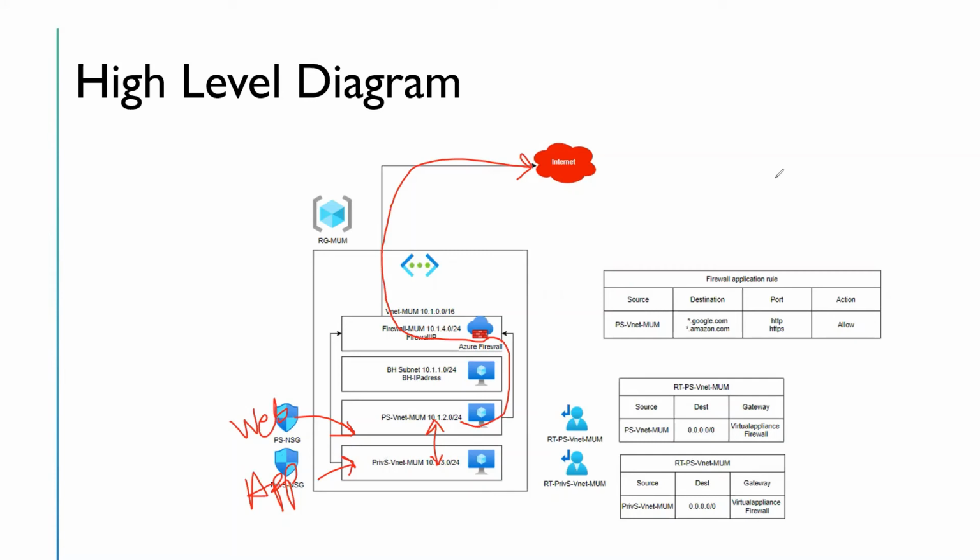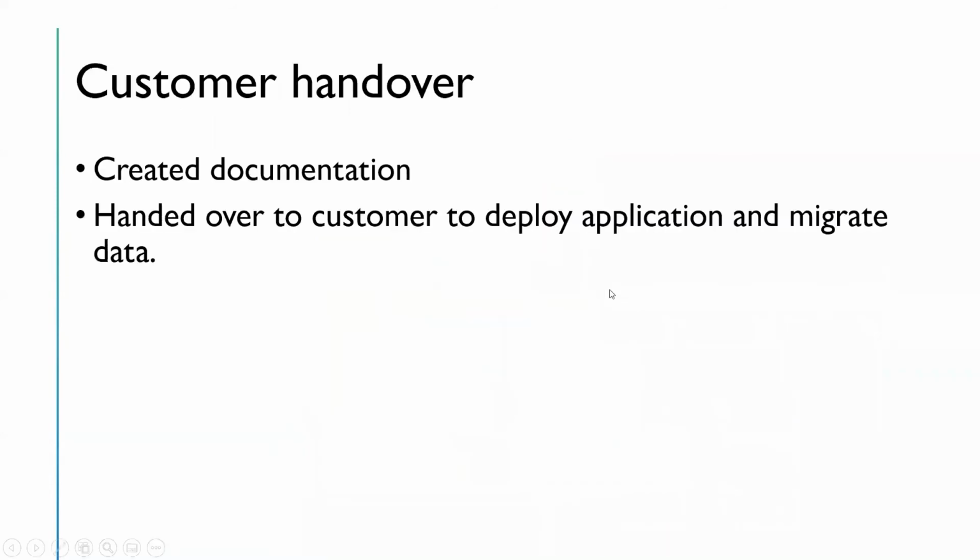So let's move forward with the next set of activities. Then we can hand over this infrastructure. Our next step is we have created the high level diagram and the documentation, including how to access the login details, and now the customer can download this, access this infrastructure from their environment, deploy applications, and migrate data over to the cloud.